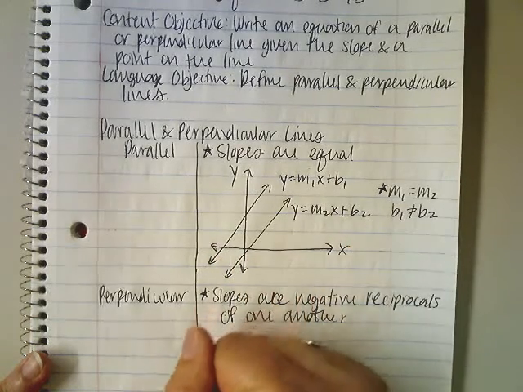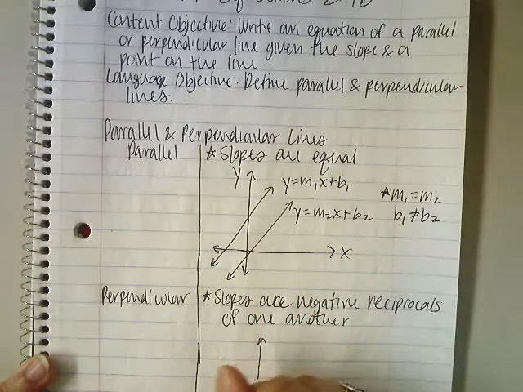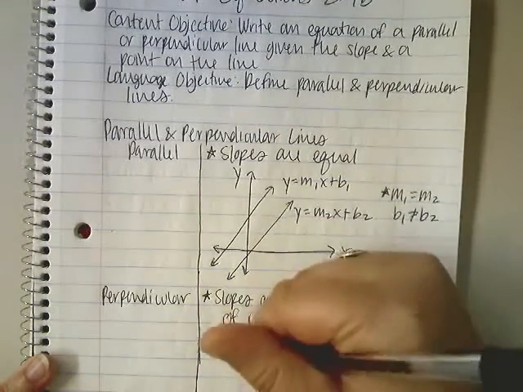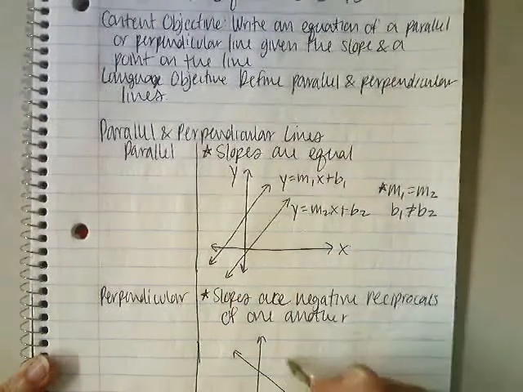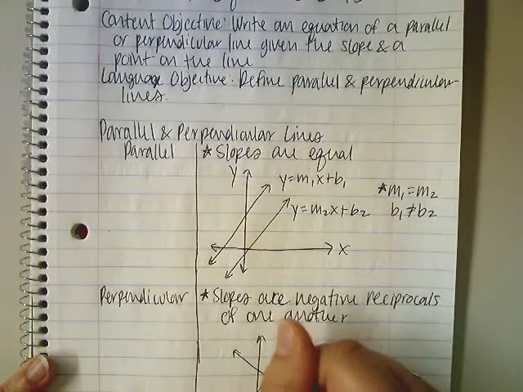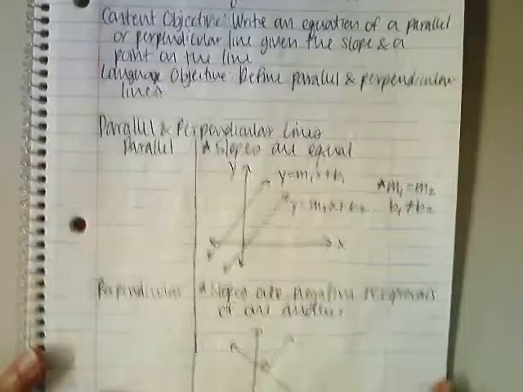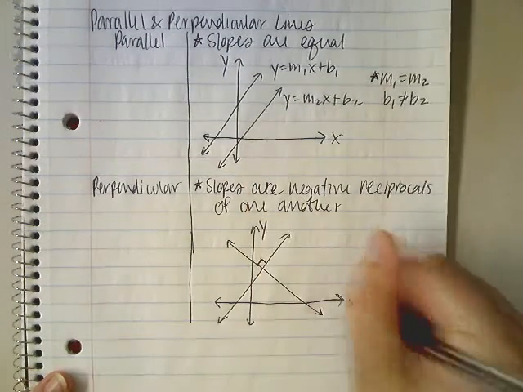So again, if we sketch a graph real quick, we'll do our y-axis, our x-axis. I'll draw one like this. That will be our first line. Our second line would intersect the first one at a 90-degree angle. So this isn't perfect, but bear with me. We'll say that's a 90-degree angle. So those are our perpendicular lines.